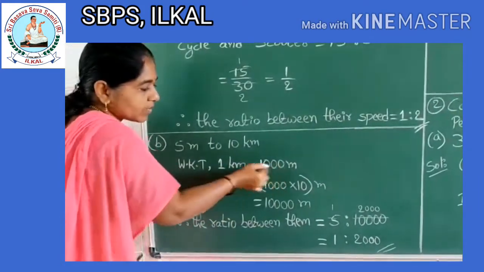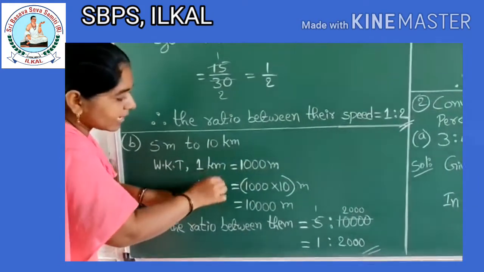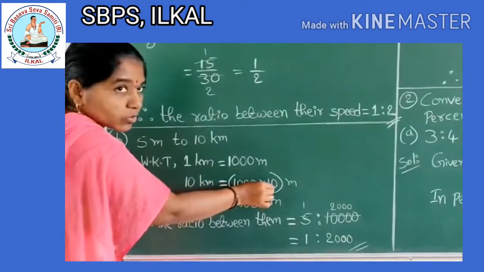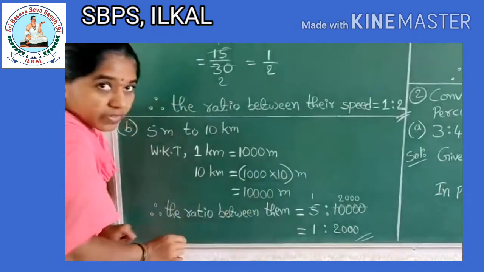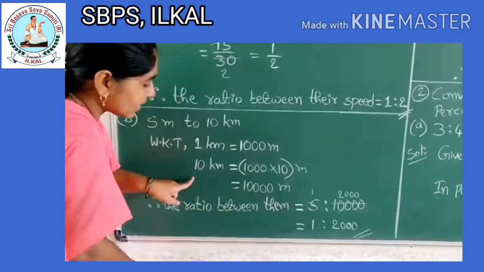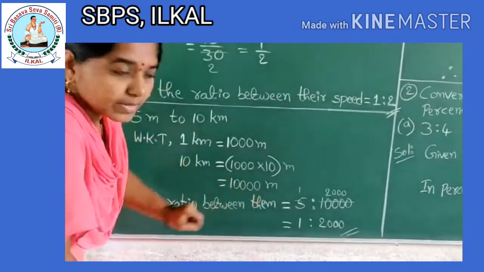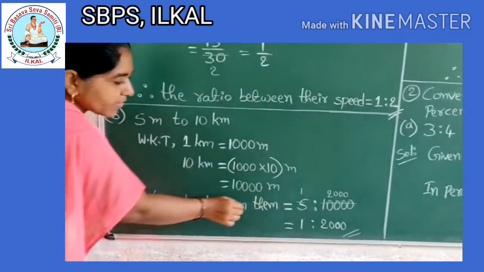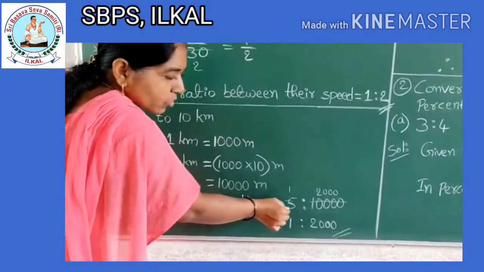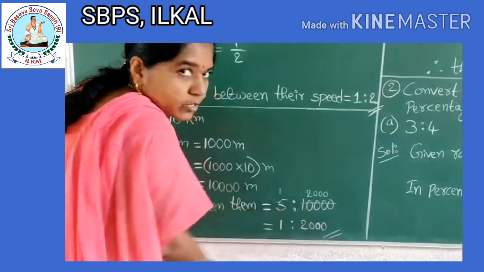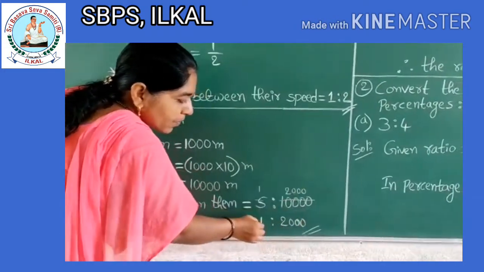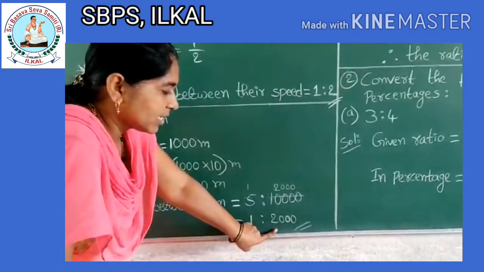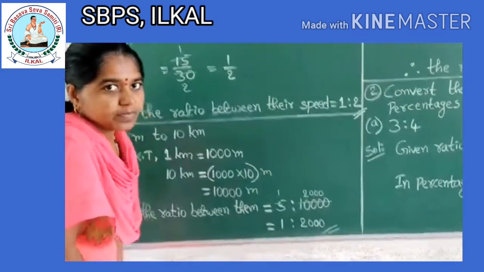Then 10 kilometer means 1000 into 10, which is 10,000 meter. Therefore, the ratio between them is 5:10,000. 5 ones are 5, 5 twos are 10, remaining 3 zeros we have to put. Then 1:2000. Okay, this is your answer.